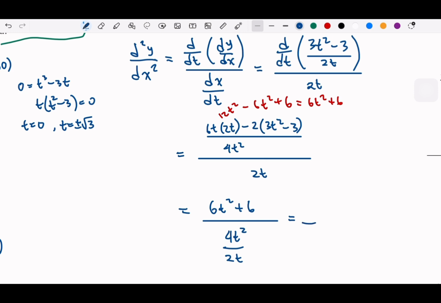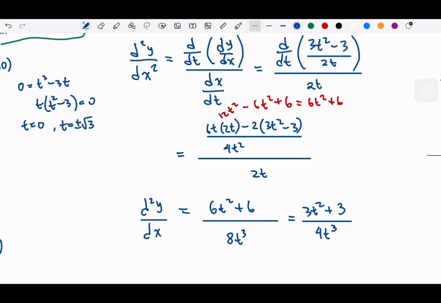So then it will be 3t squared plus 3 over 4t cubed. Or I think I just multiply this to avoid confusion. This will be 8t cubed, right? So this will be our second derivative.